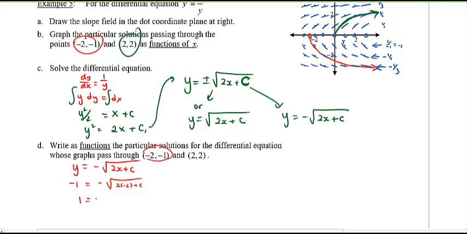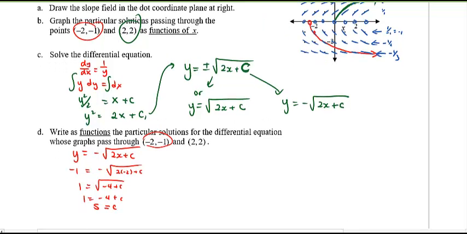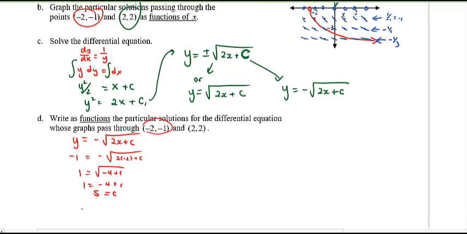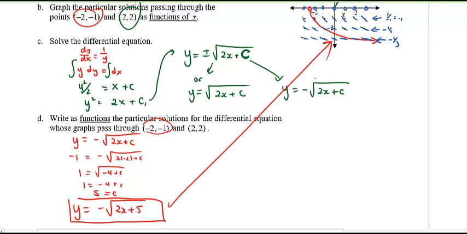That's great. I have negative 4 plus c. We'll square both sides. And c equals 5. So all that work here to say that y equals negative square root of 2x plus 5. That is the equation that connects with this graph here.